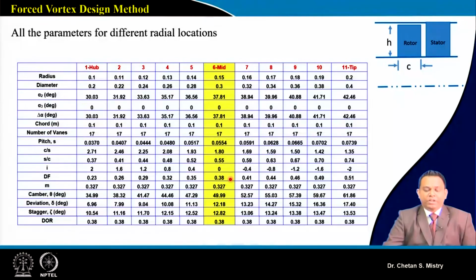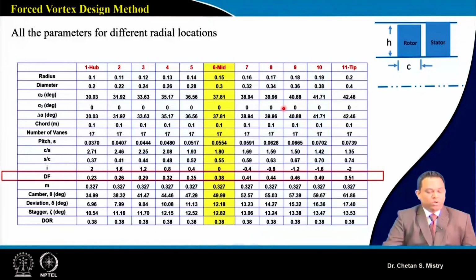Now we are assuming the absolute velocity coming out from the rotor and the absolute velocity entering the stator to be the same, and our exit we are assuming to be axial. Under that configuration, that will give me the variation of delta alpha.